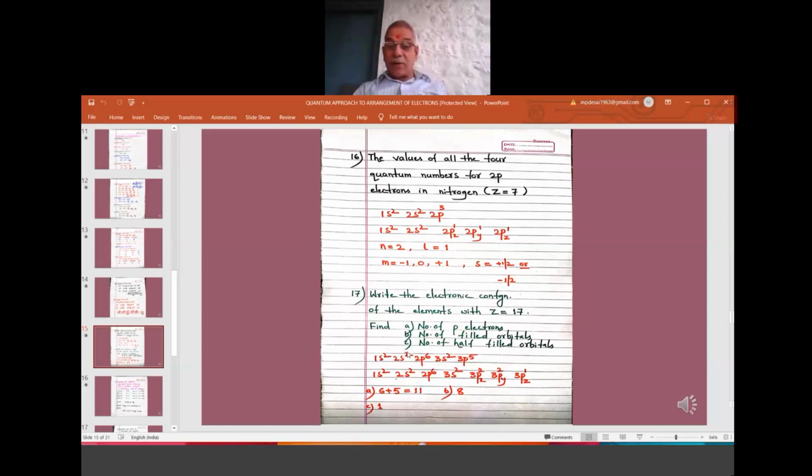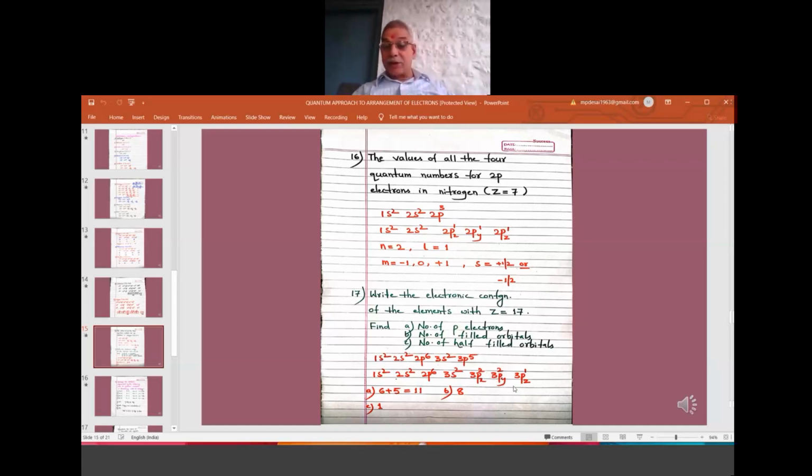Third, find the number of half-filled orbitals. Half-filled is a concept where orientations are there. So half-filled comes for p, d, and f. But here we have 2p and 3p. 2p is fully packed, so no question of half-filled arises here. Half-filled arises for 3p.